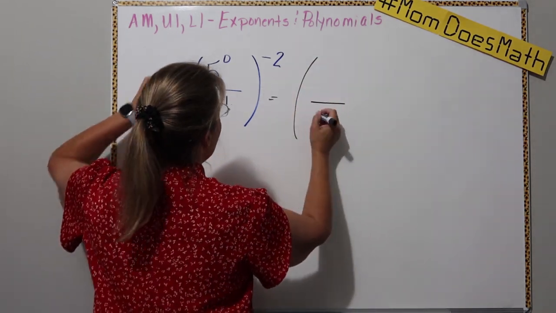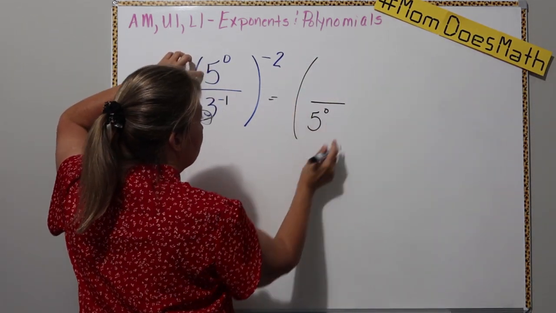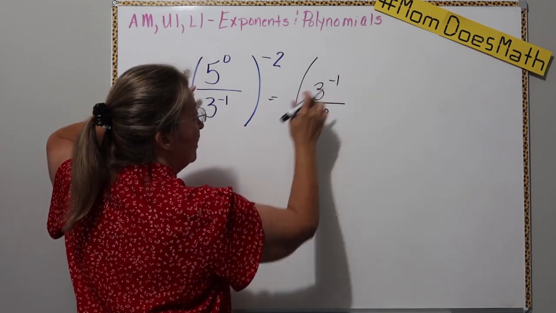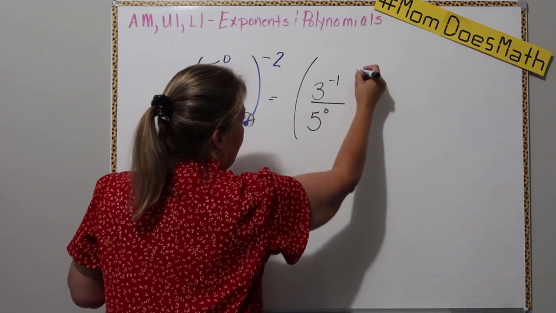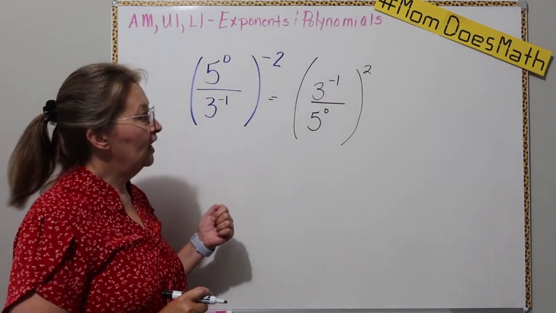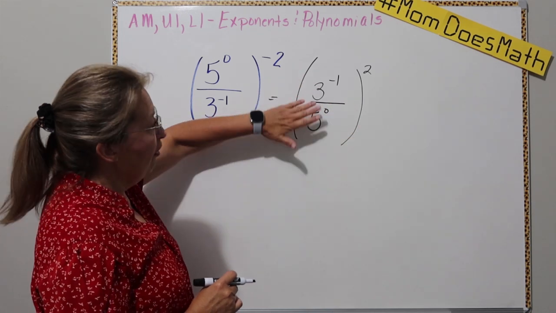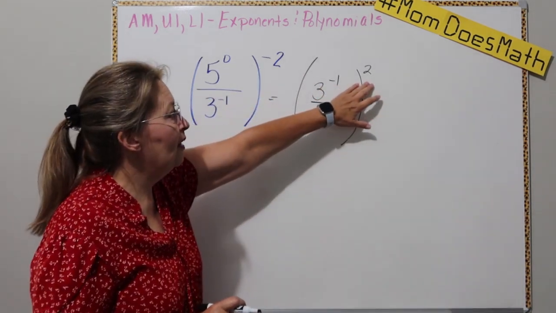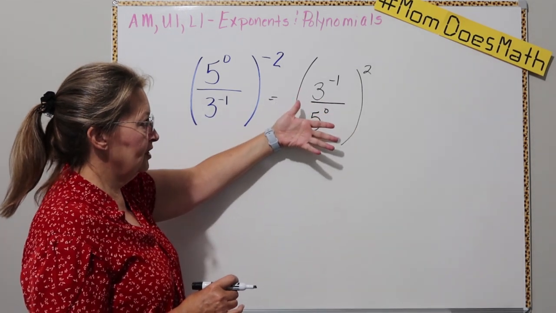So that's what I'm going to do. I'm now going to put the 5 to the 0 power on the bottom. This exponent doesn't change right now, but the 2 does change to a positive. So all this step did was take care of the negative 2 exponent. It changed it to a positive just by flipping that fraction.